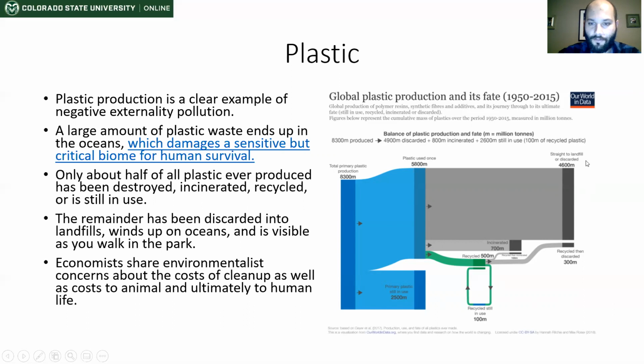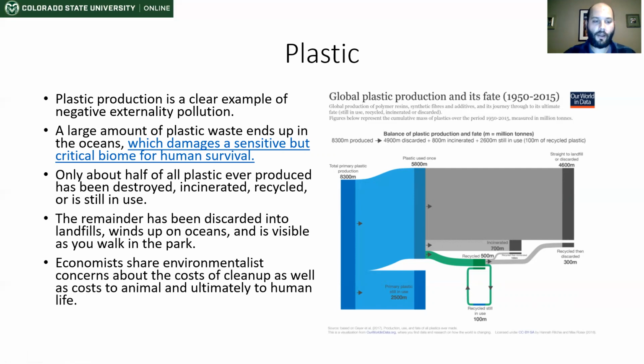So of the amount in total produced in history, about half is still out there, but not in use, just sort of in landfills mostly, also in oceans, in parks, right? You see it if you go up to Horsetooth and other public parks, plastic everywhere.